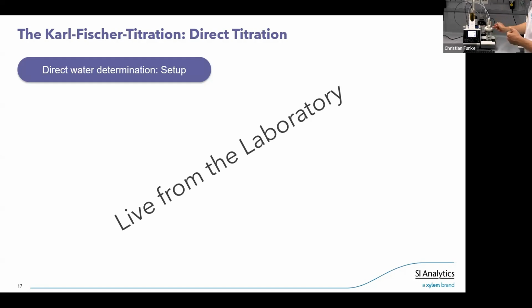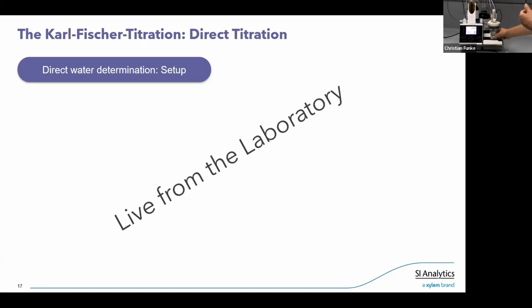Then we have here the closed titration cell. So it is very important to have a closed cell because the ambient water always has an influence on the result. As I told you, this is a very selective method.